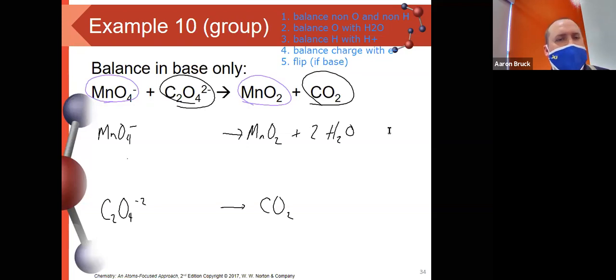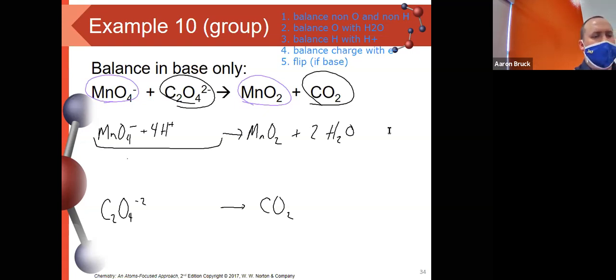My next step is to balance hydrogens with hydrogen ions. I just added 4 hydrogens to the product side, so I'm going to need to add 4 hydrogen ions to the reactant side to balance them out. The last step is to balance the charge with electrons. I need to evaluate each side of the reaction.